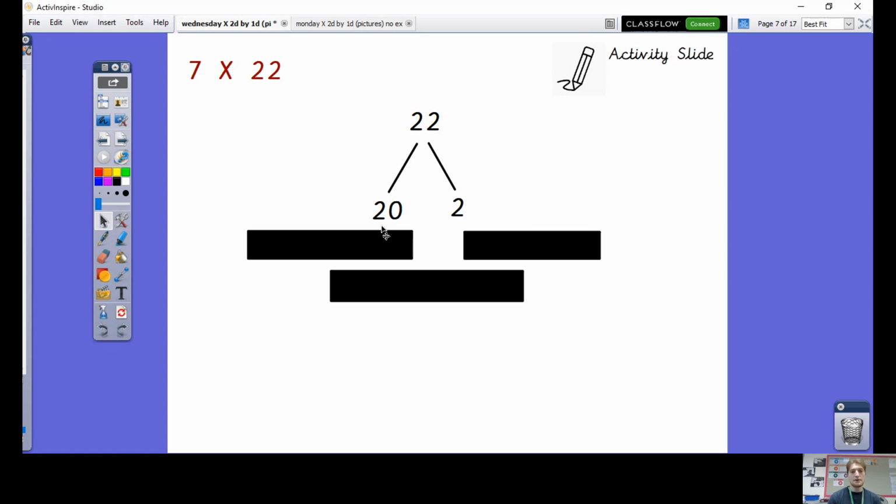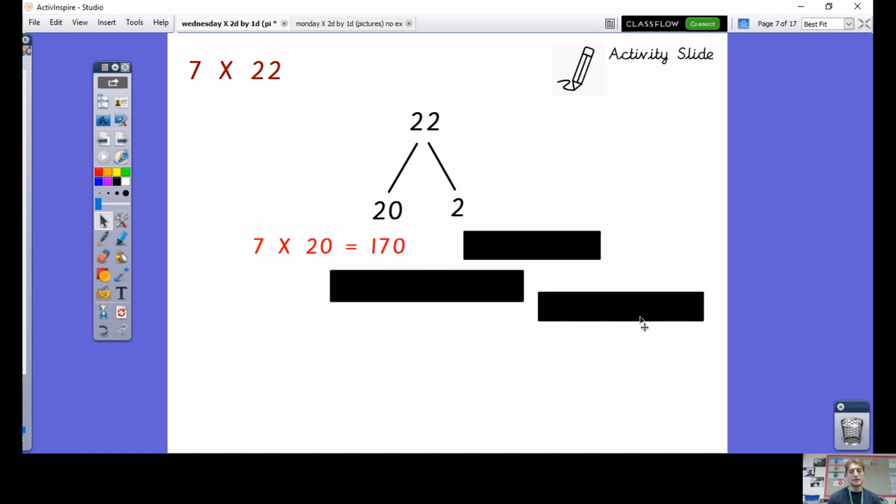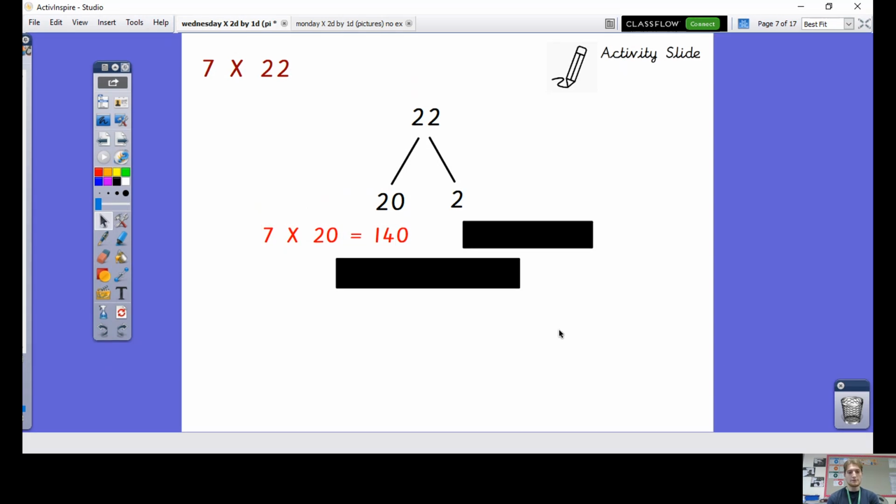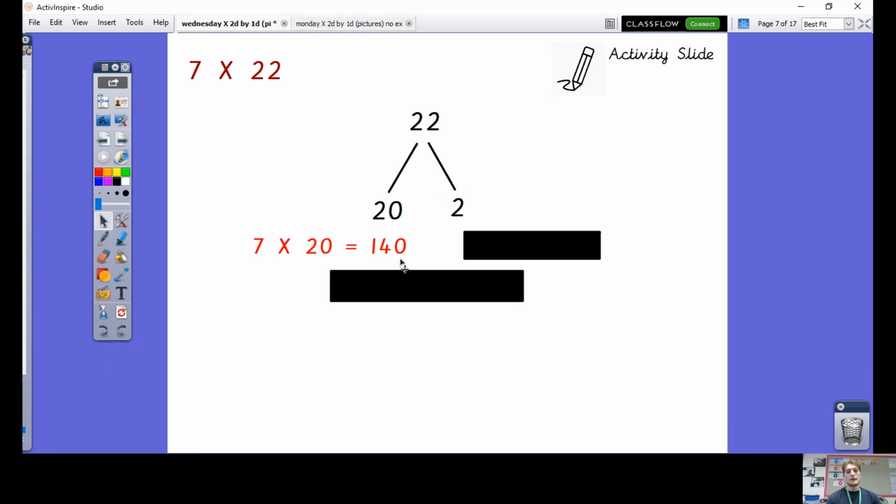Then we're going to multiply our tens by the 1-digit number, which is 7. 7 times 20 is 140, that should be. Sorry if that confused you for a second. 7 times 20 is 140.